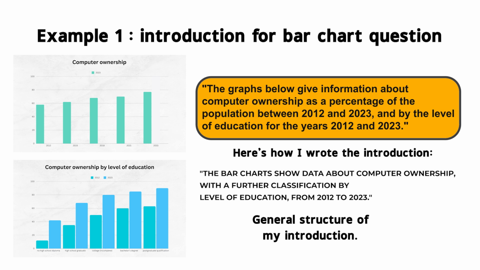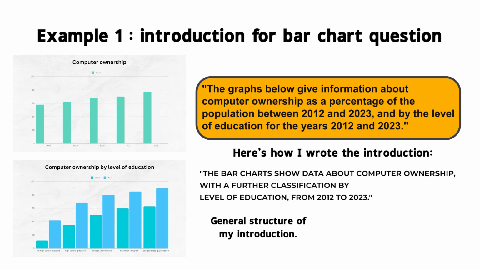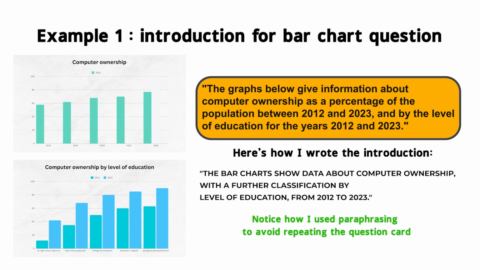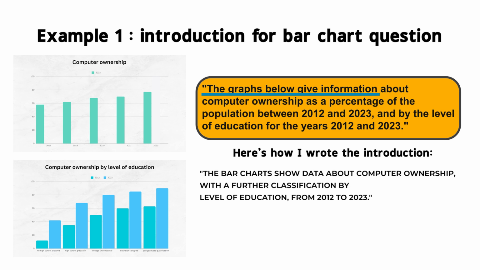Take a look at the general structure of my introduction. First, I mentioned the type of graph, in this case, a bar chart. Then I explained what my bar charts show, in this case, data about computer ownership. Finally, I indicated the time period. Notice how I used paraphrasing to avoid repeating the question card verbatim. Instead of saying, the graphs below give information about, I wrote, the bar charts show data about.